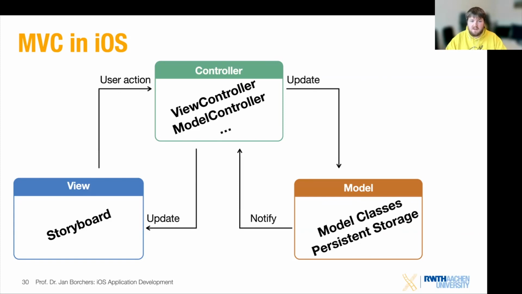And that would also happen then with model controllers that adapt this model so that it is all in sync. But it is something to keep in mind when using UIKit, that this easily helps you to separate your classes.